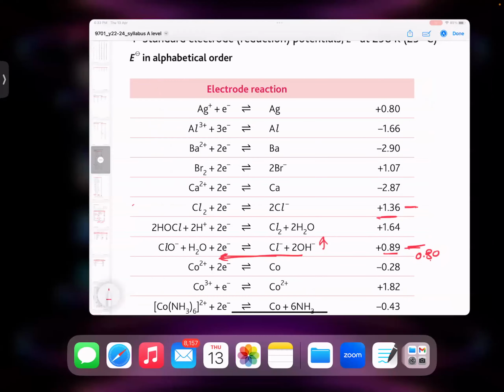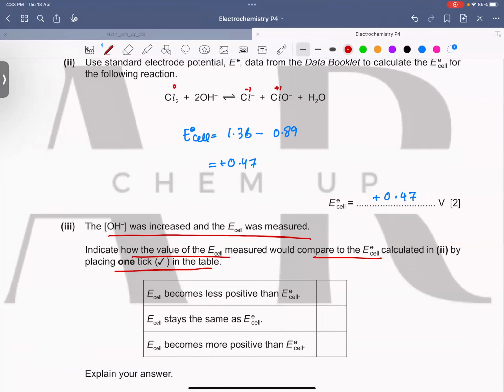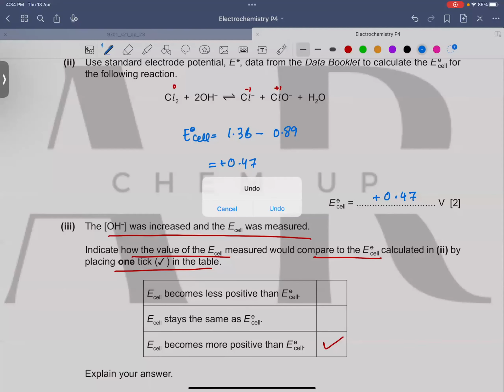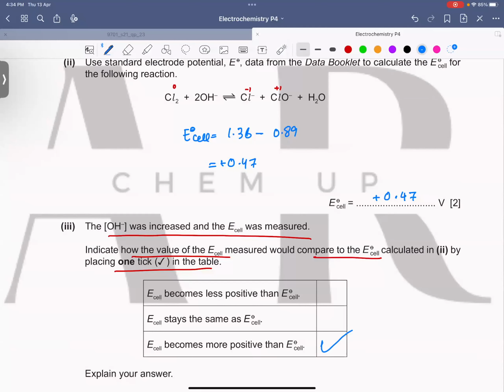So E naught cell becomes more positive. So what happens to the E naught cell? Here, E naught cell becomes more positive. Is this clear to everyone? Yes. Is this clear or not?